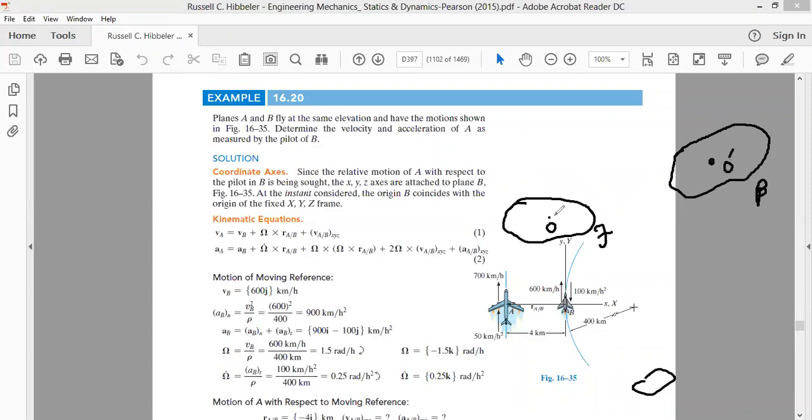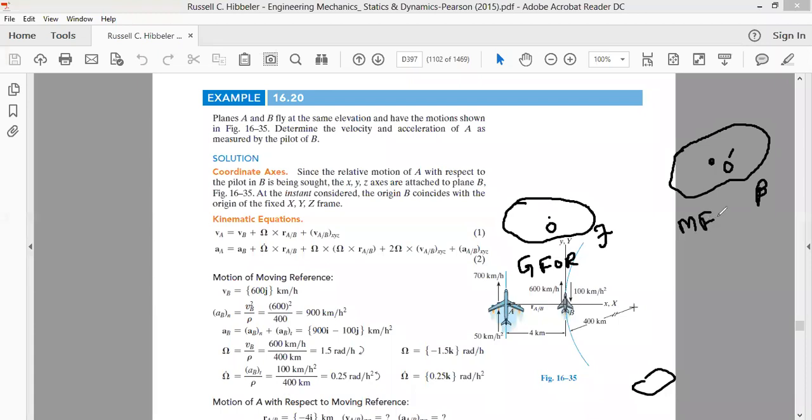Now let's suppose we have two observers, an observer in the ground frame of reference and an observer in the moving frame of reference. So this is the ground frame of reference and this is the moving frame of reference.